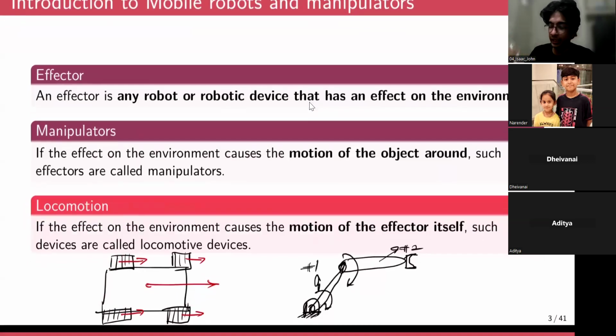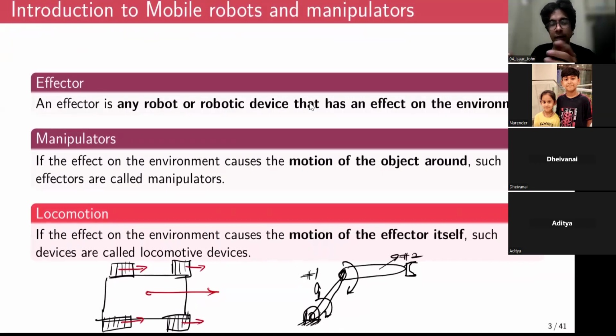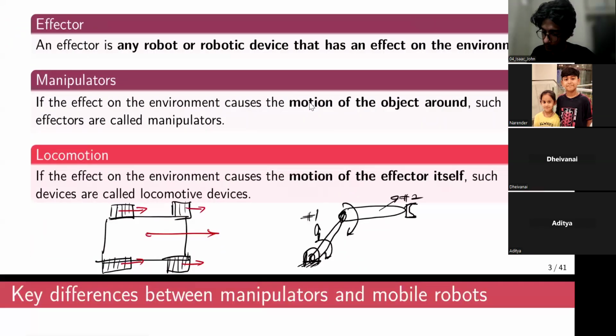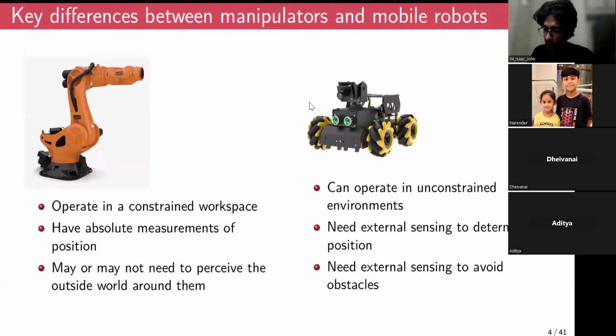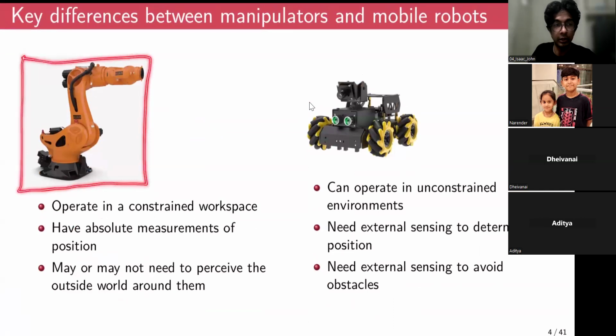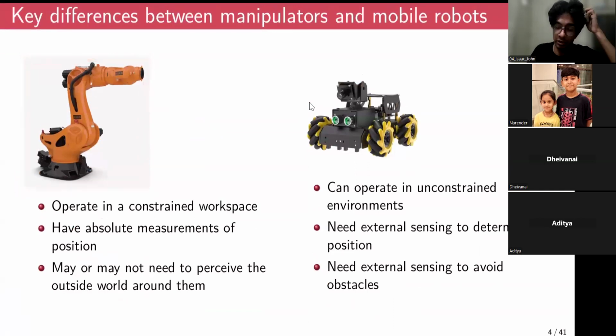The key distinction is that manipulators are basically fixed to the ground, and locomotive devices are unrestricted, like they can move anywhere in the environment. Here you can see an example of an industrial manipulator, right? It could have multiple degrees of freedom: it can rotate about this vertical axis, about this axis, and about this axis.